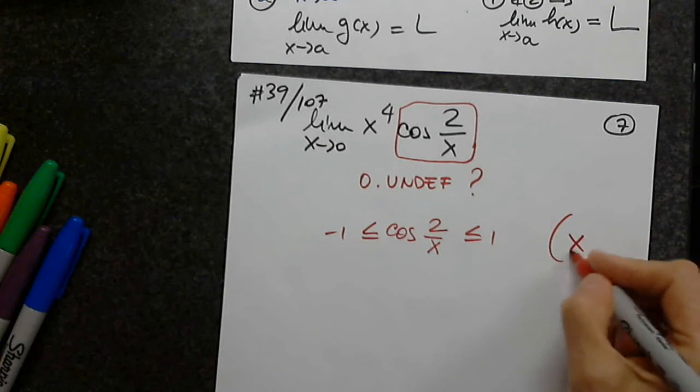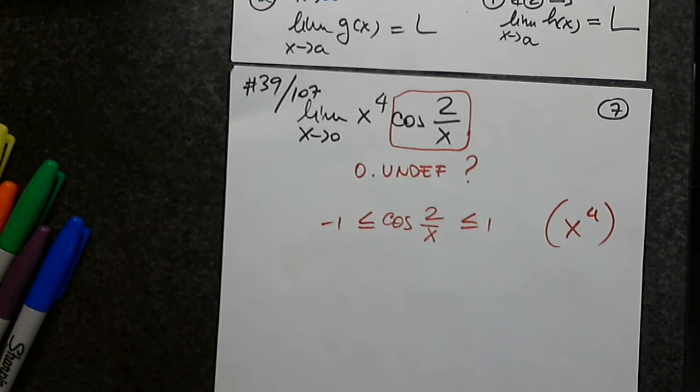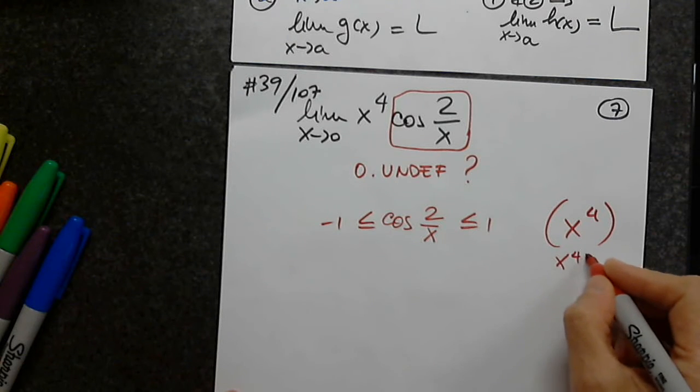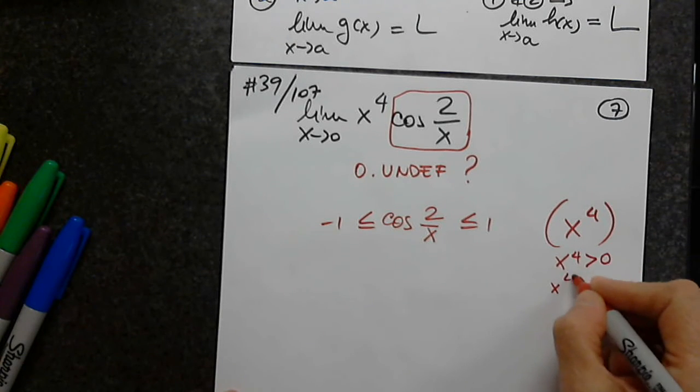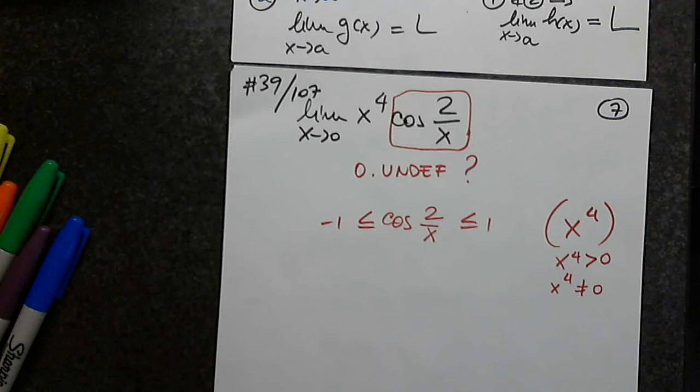I will multiply all three sides by x to the fourth only if x to the fourth is a positive number and x to the fourth is not 0. Otherwise I can't, because the symbols will switch. But is x to the fourth always positive? Yes, of course, x to the fourth is always positive. Is x not equal to 0? Yes. How do I know? Because x approaching 0 specifically says x does not equal 0.